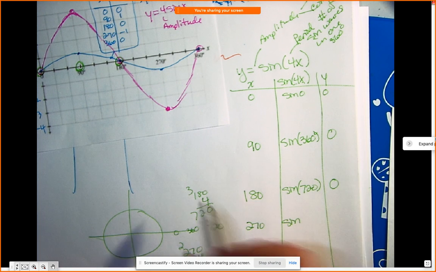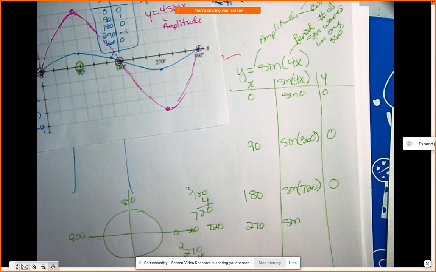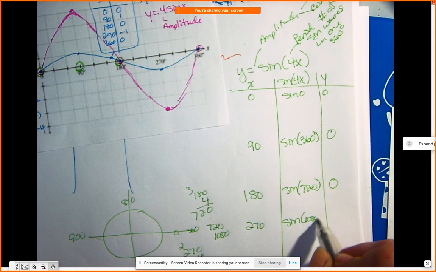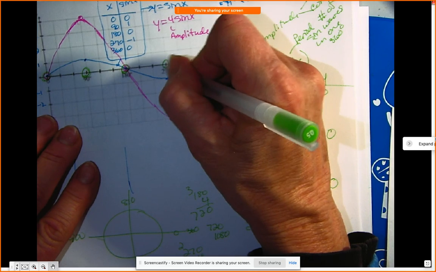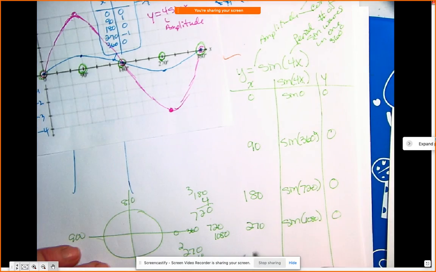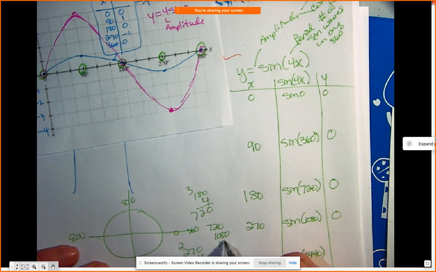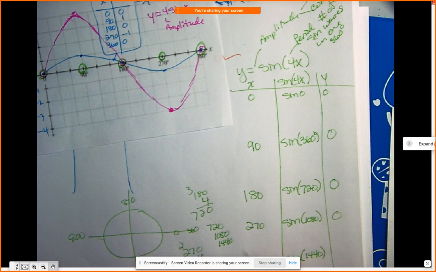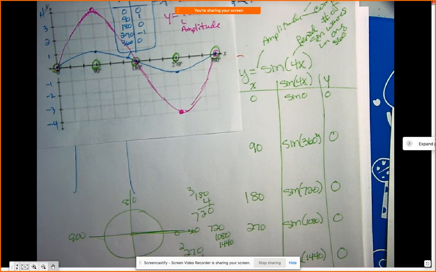Sine of 1,080 is what we're looking for, and it's 0. What are the odds of that? I have a hunch that when I put in 360, I'm going to get sine of 1440, which happens to also be 0. They're coterminals, guys. Now, I definitely need to know what's happening in between.